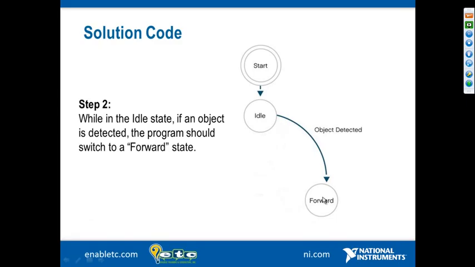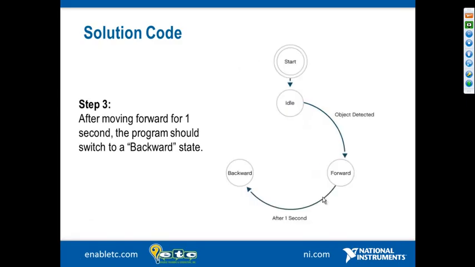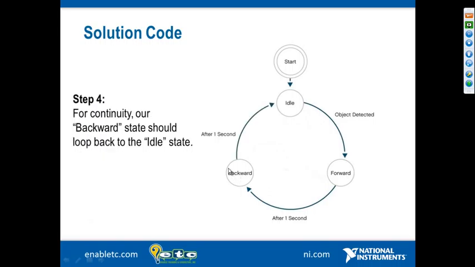The next step of the code was, after moving forward for 1 second, to then move backward for 1 second. So again, we have a transition arrow going from the forward state to the backward state, and a transition label saying after 1 second. That defines the decision that's being made. Finally, after the backward state has been occurring for 1 second, we then transition back to the idle state so that the whole code can execute over again.